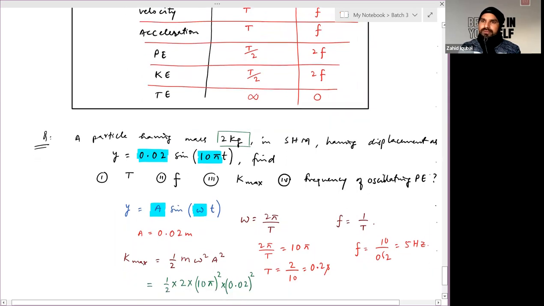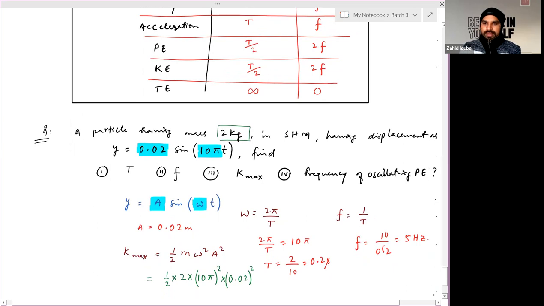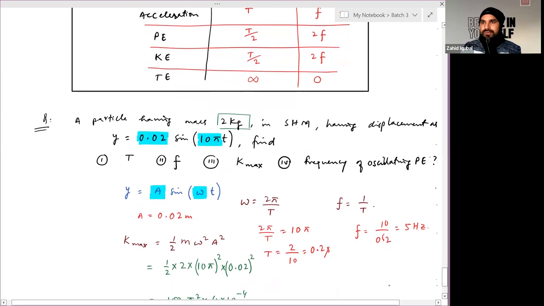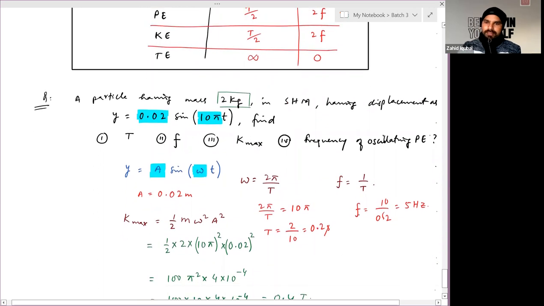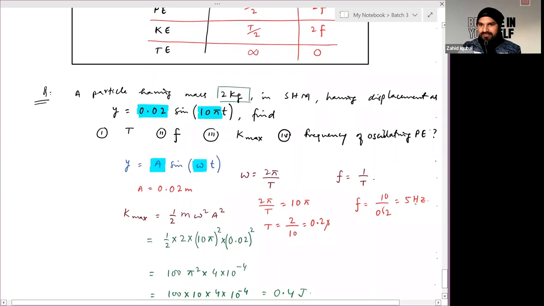So if you are asked to find the time period of kinetic energy or potential energy, it will be half of that of displacement, that is 0.1 second. Similarly, frequency will be twice that of displacement. For displacement we have frequency 5 hertz, so for oscillating potential energy it will be twice of that, that will be 10 hertz.